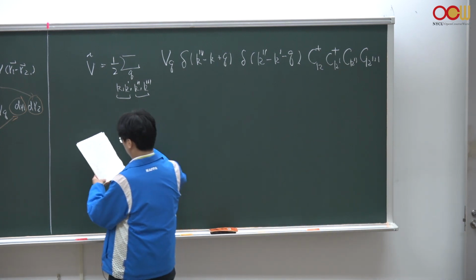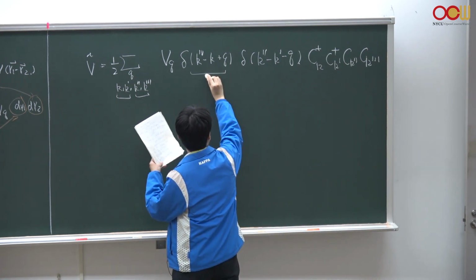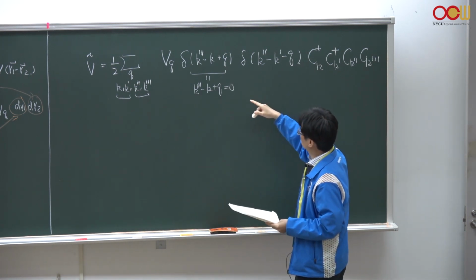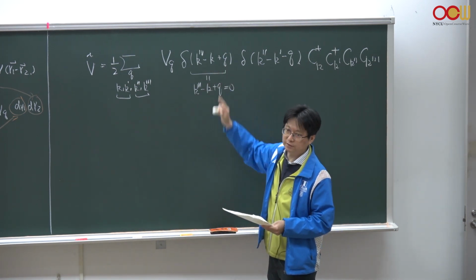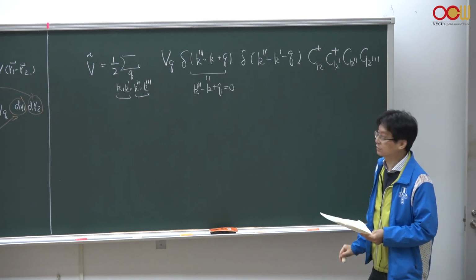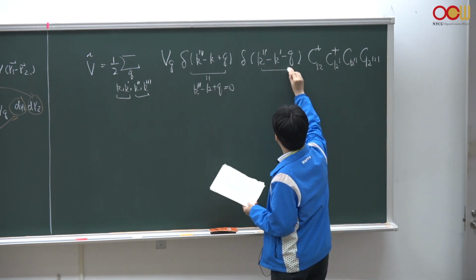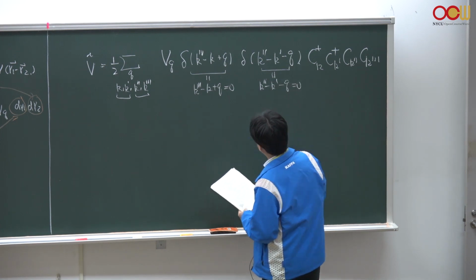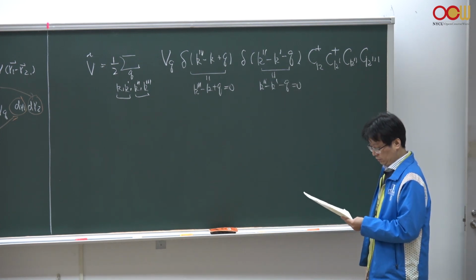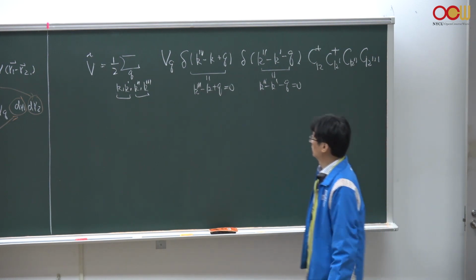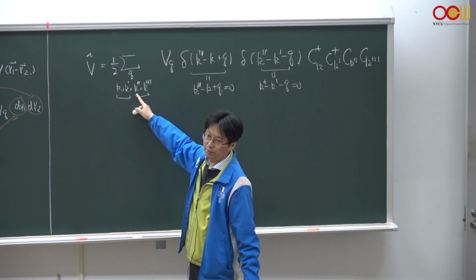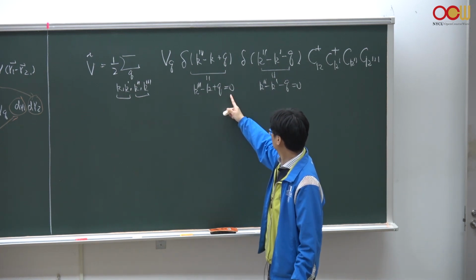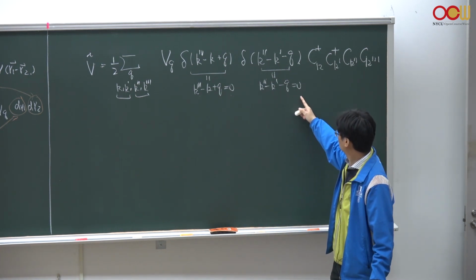So we could take advantage of this Dirac delta function. This summation is zero unless the argument in the Dirac delta function vanishes. And likewise, we should satisfy these two conditions. All right, so let's remove the summation over K double prime and K triple prime, because K triple prime is K minus Q, and K double prime is K prime plus Q.